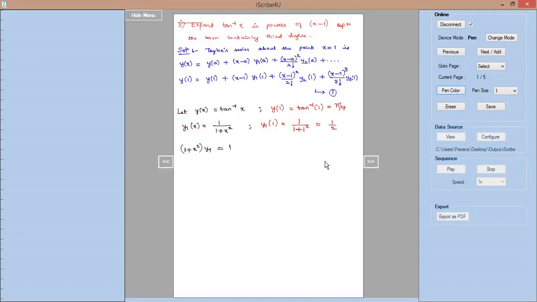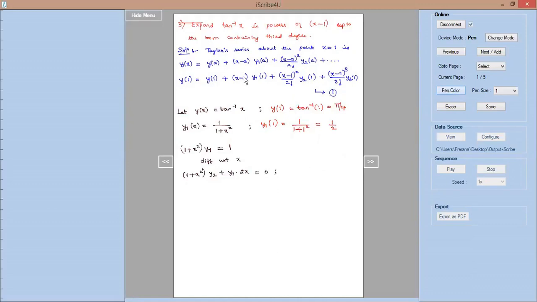Now we differentiate this once again with respect to x to obtain y2 of x. We need to apply the product rule on the left hand side. So (1 plus x square) into y2 plus y1 into differentiation of 1 plus x square, which is 2x, is equal to differentiation of a constant on the right hand side, which is 0.